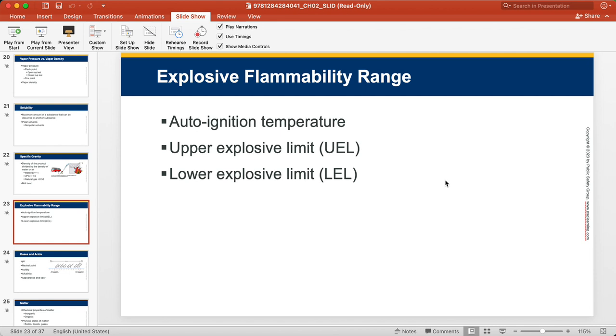All different liquid fuels, whether it's an oil or gasoline or diesel fuel, all have an auto ignition temperature. Then we have what's called our UEL and our LEL. This is what we use now. It used to be the upper flammability limit and the lower flammability limit, but they changed it to explosive. So think about gasoline.